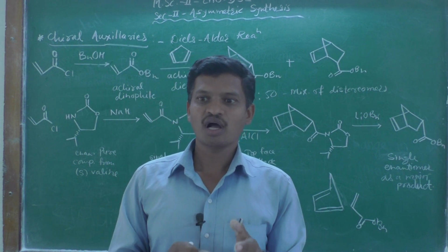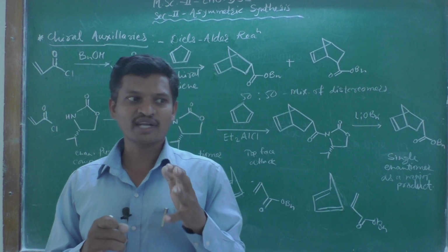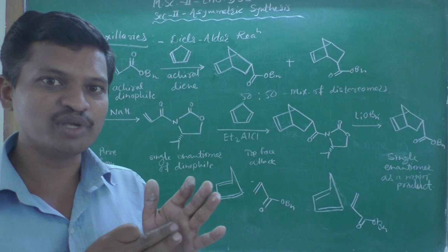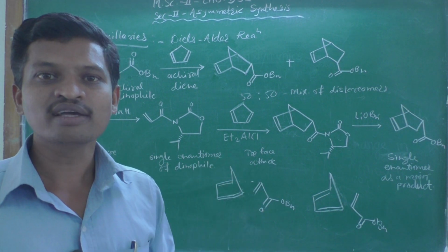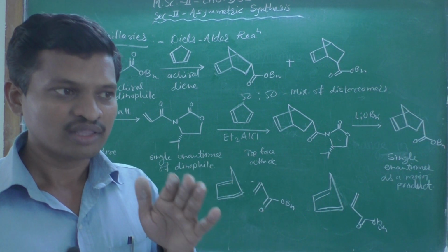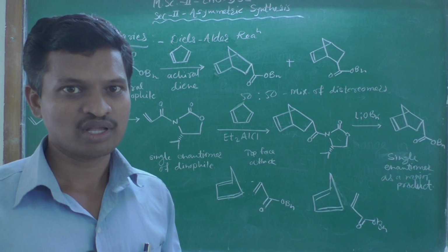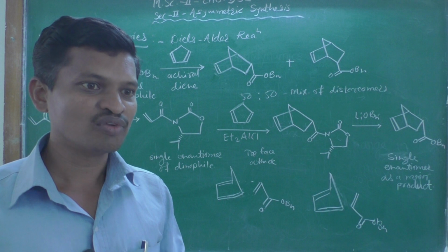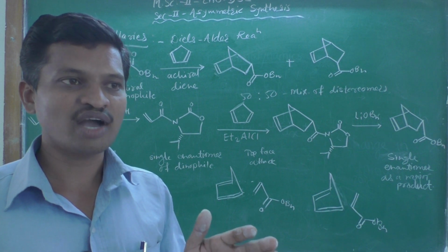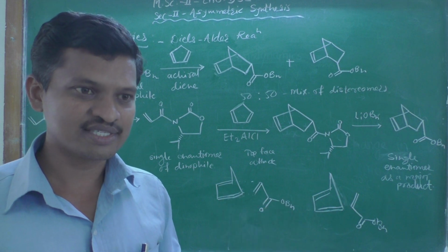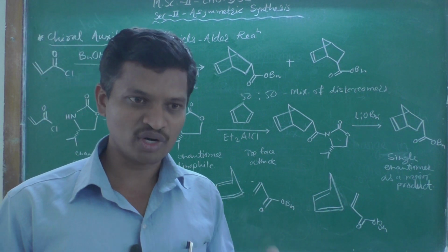Specific groups have been attached to the dienophile on one side. So one side of that dienophile will be sterically hindered and crowded, and from that side the attack of the diene will not be possible, and hence only one side of the dienophile is available for the attack of the diene.